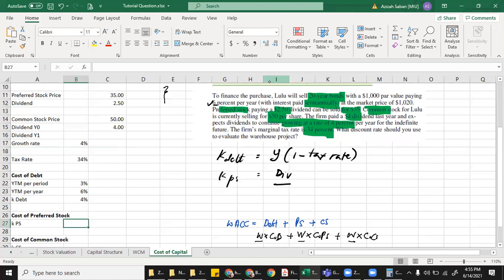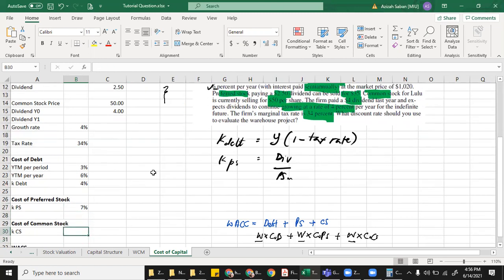Then we divide by the market share price. In this case both are given: 35 is the market price and the dividend is 2.5. So we just put equal sign here, take the dividend, divide by 35, and change this into percentage. We get 7%. As simple as that.